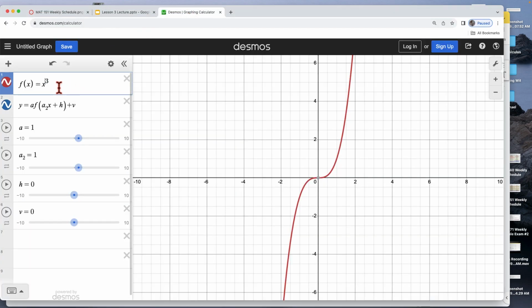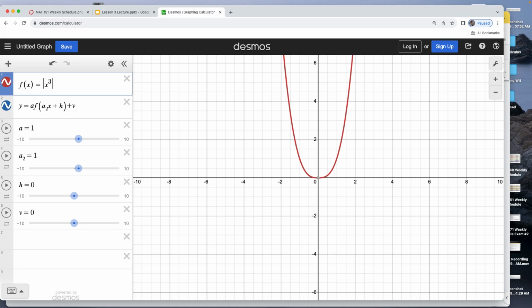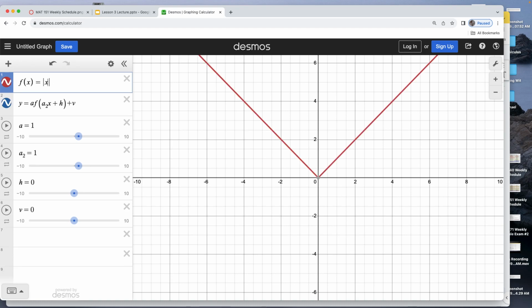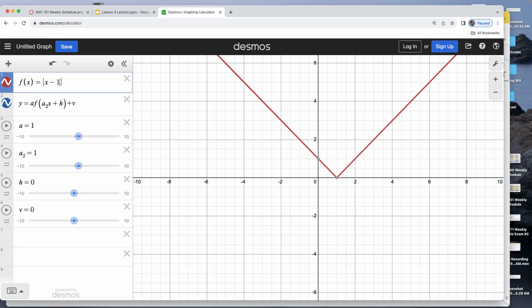Here I could change this to absolute value of x minus 1. And now the vertical shift would be a -1, the one in front.